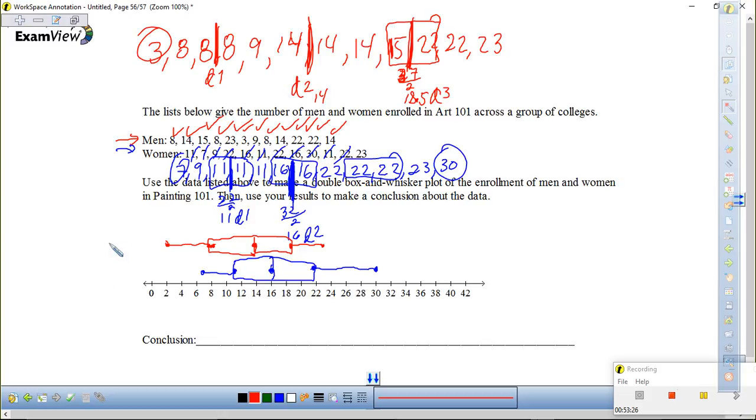So this is men, and this is women. Tell your neighbor what you can conclude by looking at that chart right there. Women like to be artistic. Women like art.